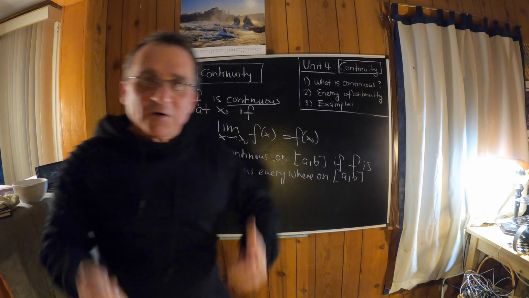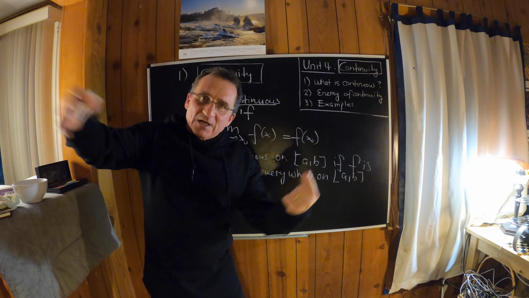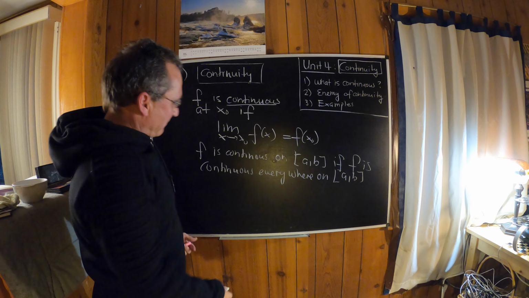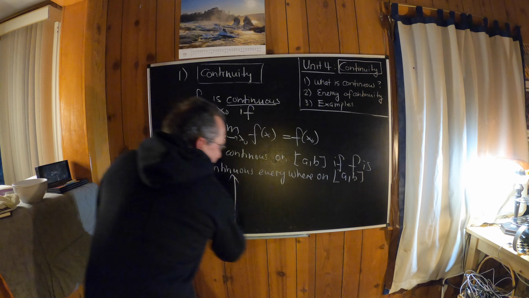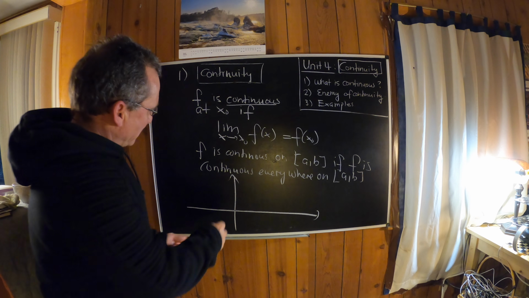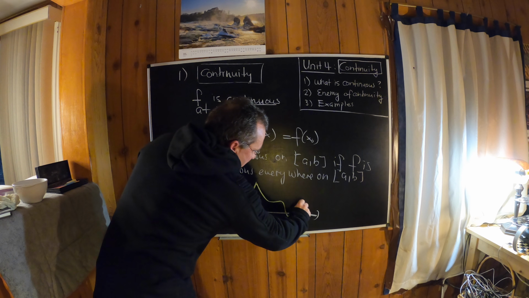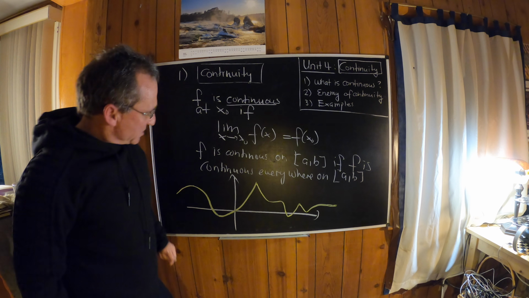So this means informally that we can draw the function and we do not have to lift our pen or our chalk when we draw it. Let me just draw you a continuous function. You can draw it, you can have corners like that, but this is a continuous function.